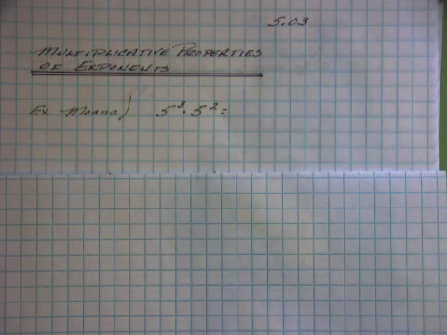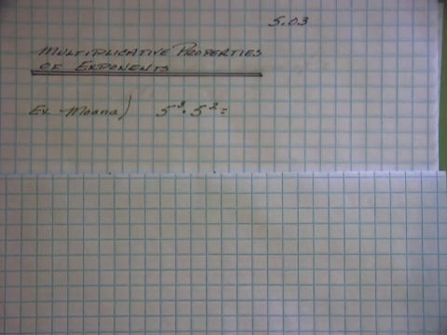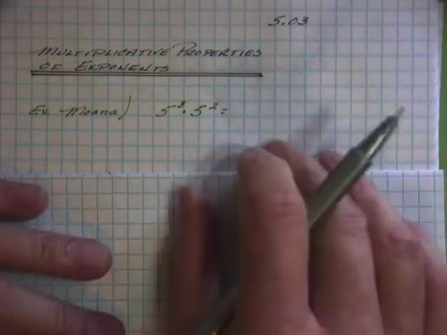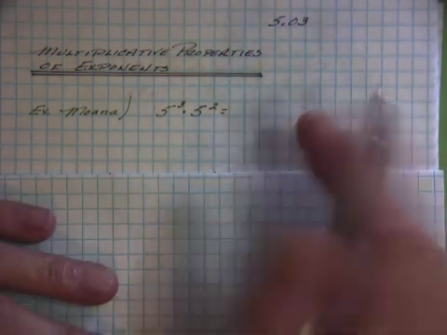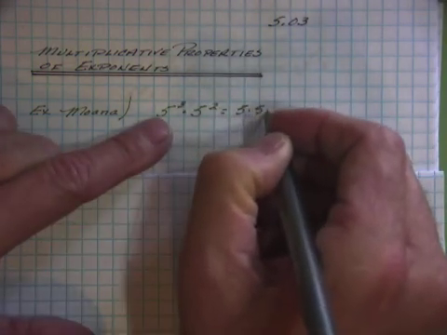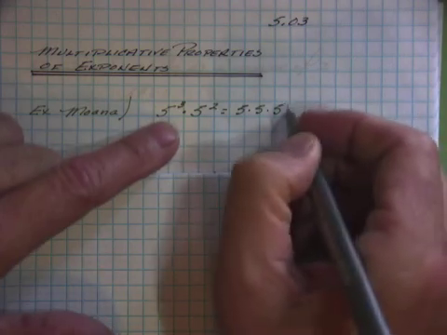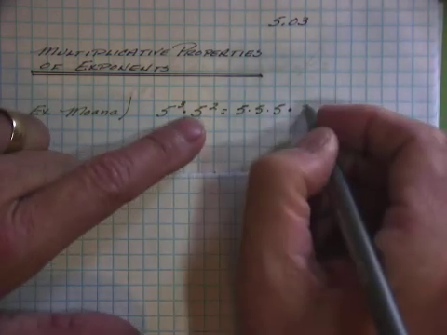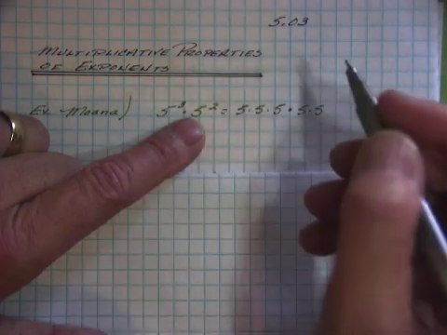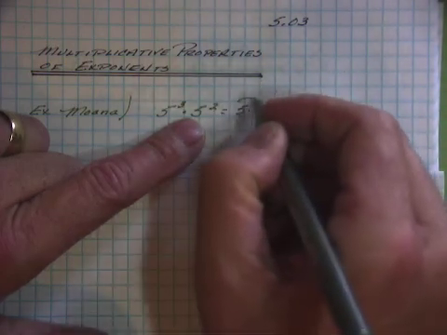What I want to do is expand this out so that you understand where the rules are coming from, okay? We're going to stretch this thing way out. 5 to the third means 5 times 5 times 5, times 5 to the second, which means 5 times 5. Well, what you notice is that everything is in multiplication.